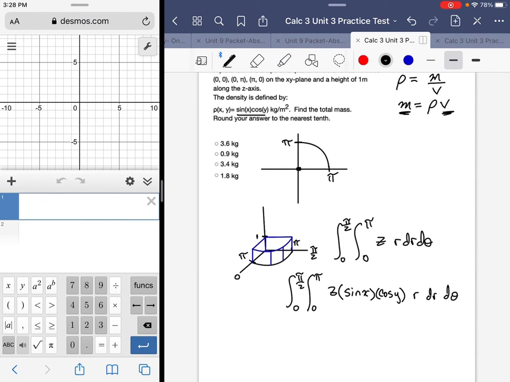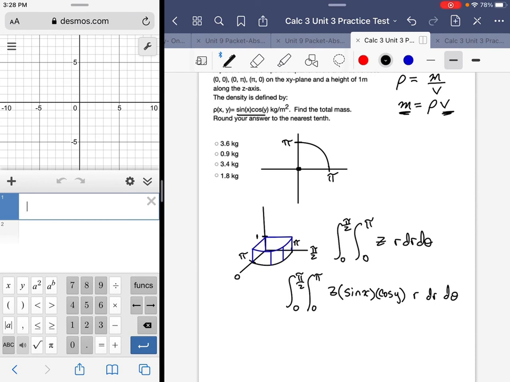One would be converting the sine and cosine functions over into cylindrical coordinates. The other would be to go the other way and convert all the cylindrical stuff into rectangular coordinates. So you can go either way. You wouldn't be wrong if you went in either direction.